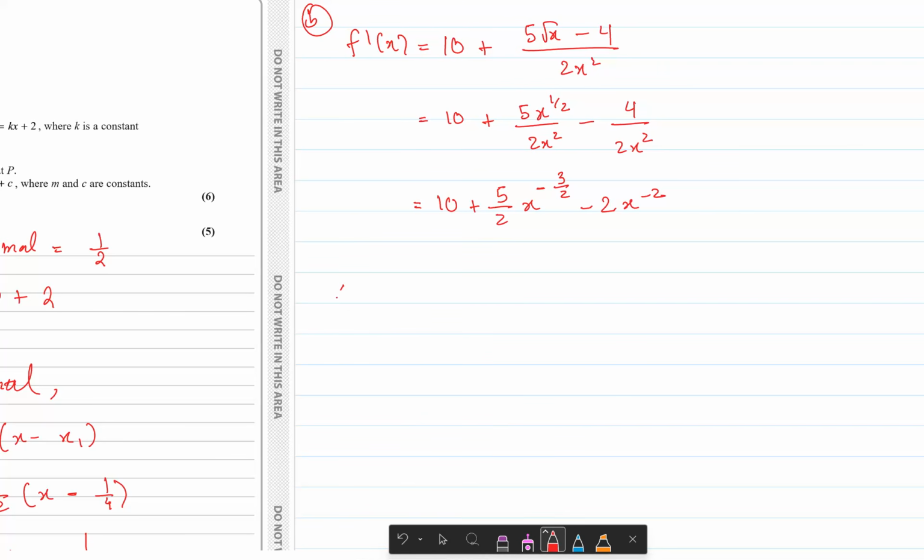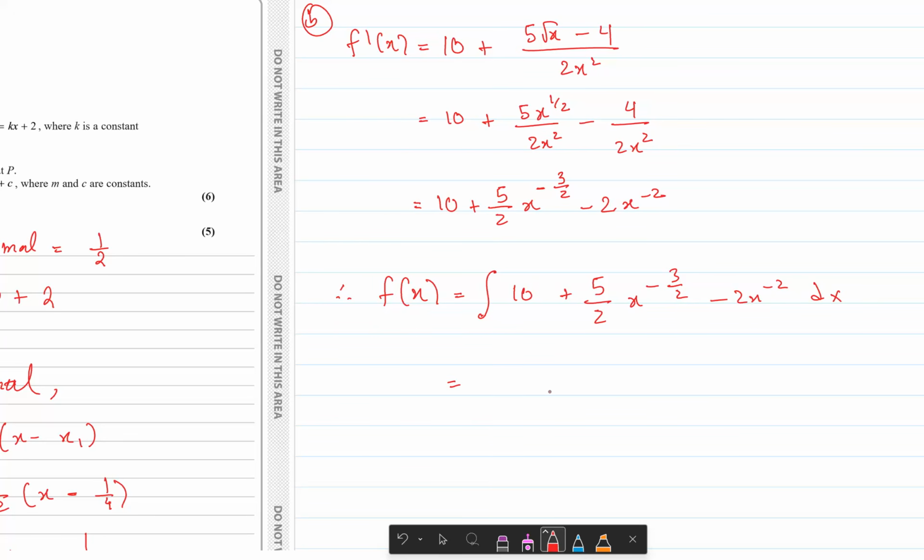So now I am just going to integrate. Actually, I'm not going to do differentiation, I'm going to do integration, but I'm saying differentiation again and again. Sorry, guys. So I'm going to integrate my first derivative to find the original function.